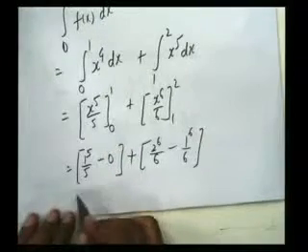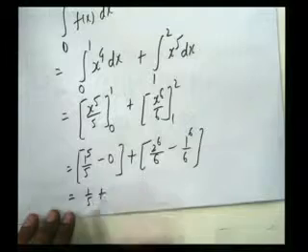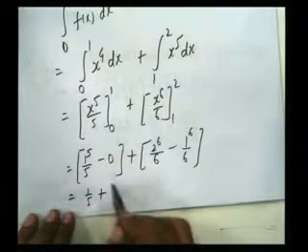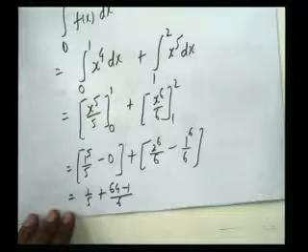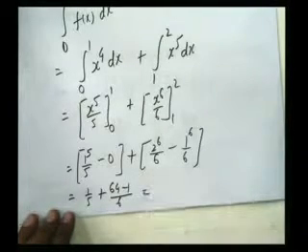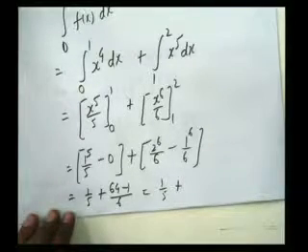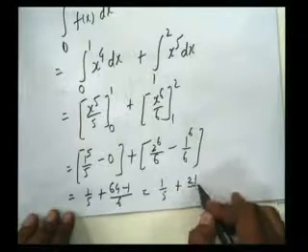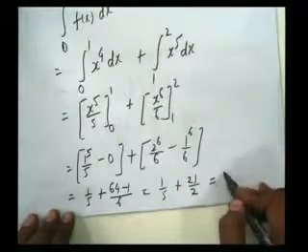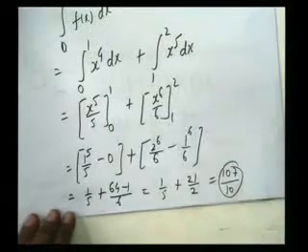Then the last result is 1 by 5 plus 64 by 6 minus 1 by 6, which is 1 by 5 plus 63 by 6, equal to 21 by 2, and the result is 107 by 10.